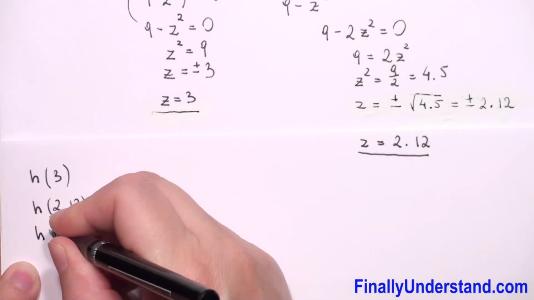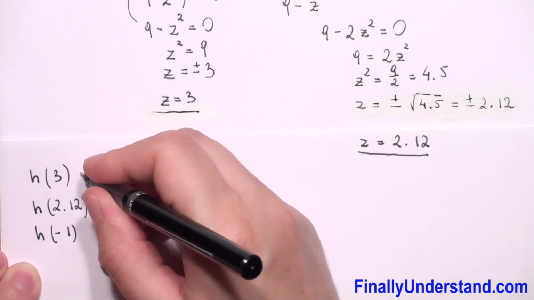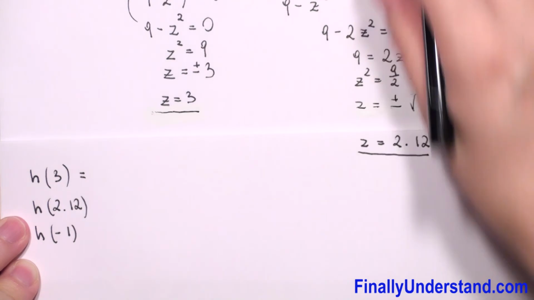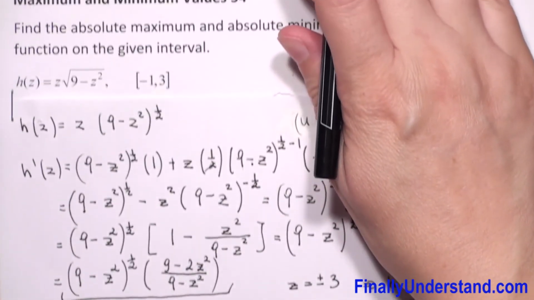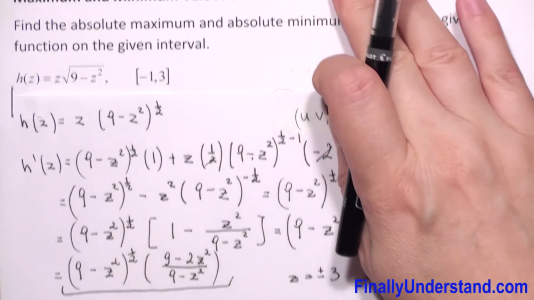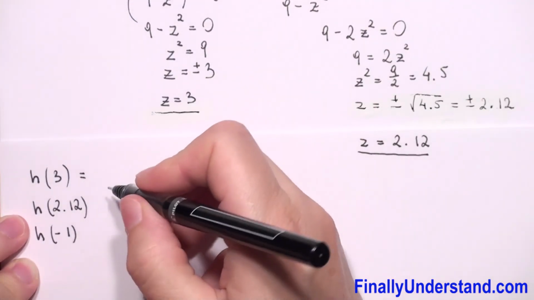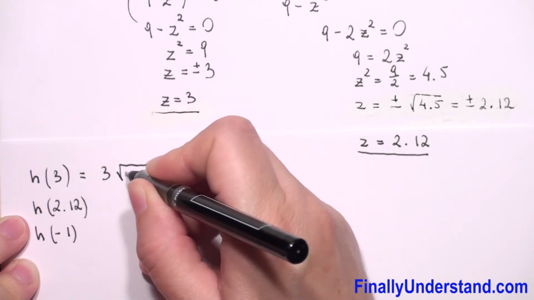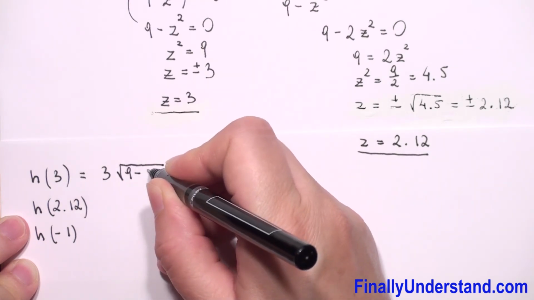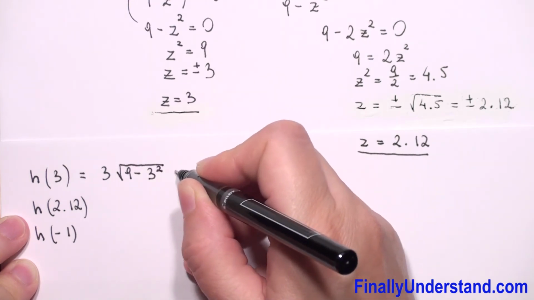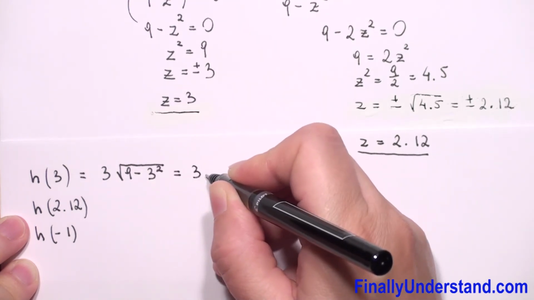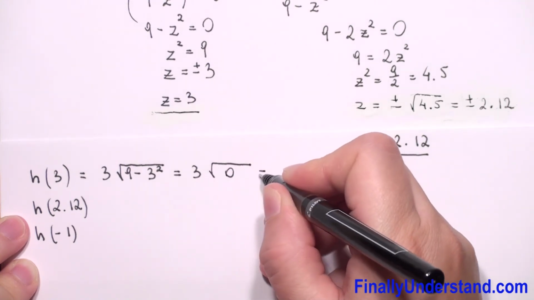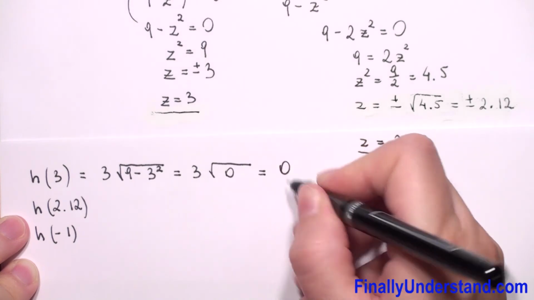So now we have to replace z in our original function by 3 first. So we have 3 times the square root of 9 minus 3 to the second power. This is equal to 3 times the square root of 9 minus 9, which is 0, so 3 times 0 is 0.